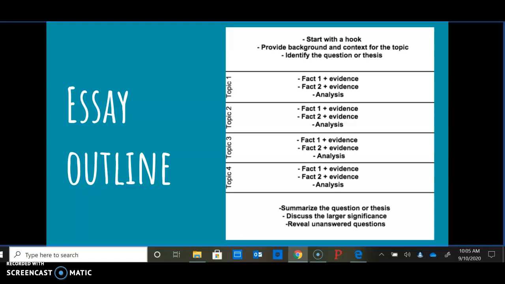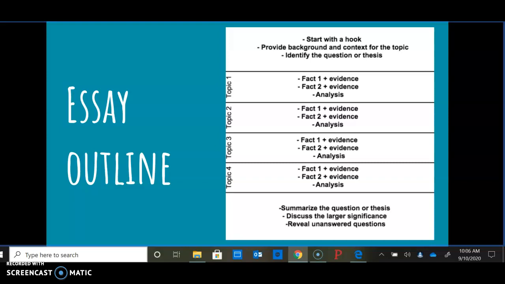So sometimes I will have you write 5 or 6 paragraph essays. Usually they're going to be 5, sometimes 3. So you'll see that later in the instructions. But in this one, we have 6 paragraphs, and it doesn't matter how many body paragraphs you have, they should go the same way.